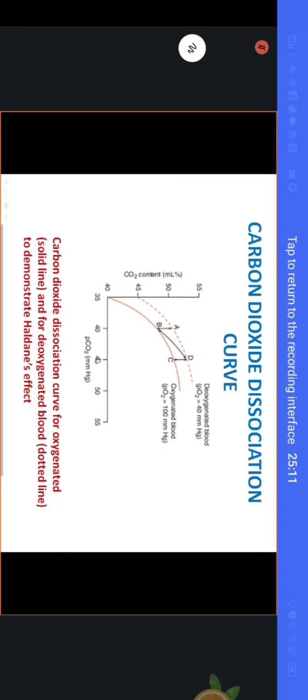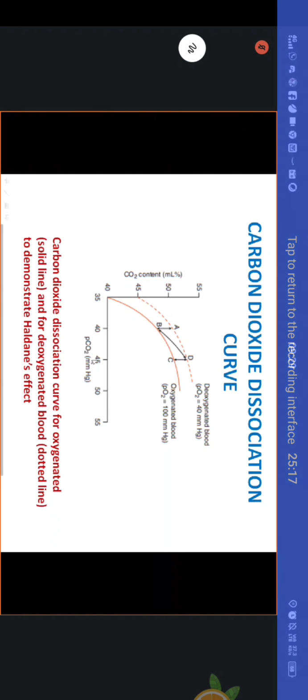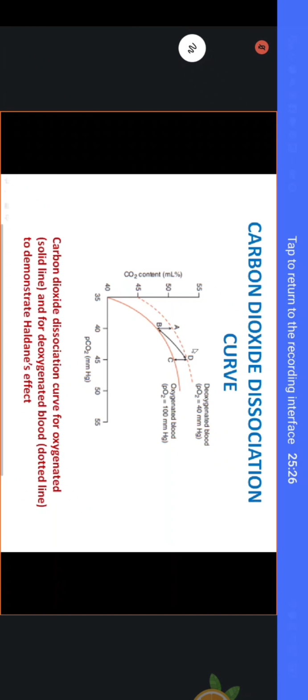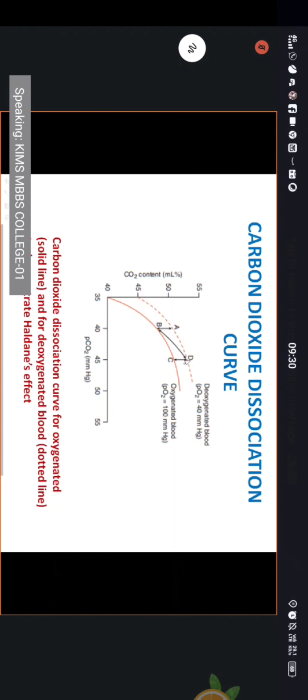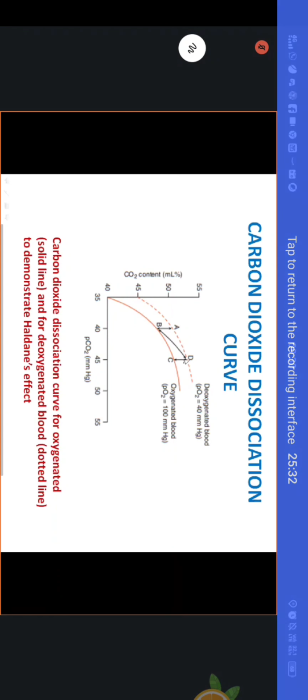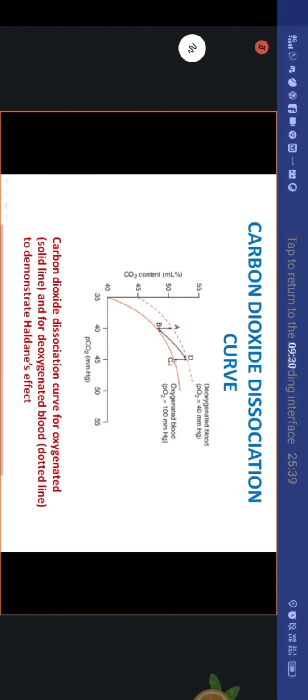Whereas when PCO2 is around 45 mm Hg, it already reaches the alveoli level, so there should be unloading. Here deoxygenated blood binding is more, so unloading is less. Here the opposite effect.